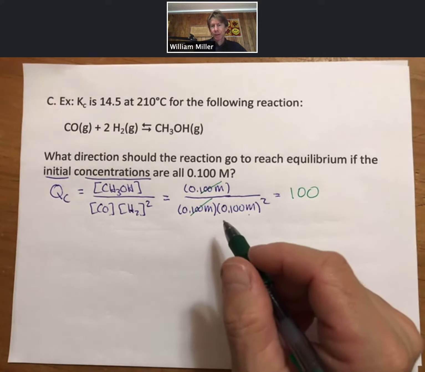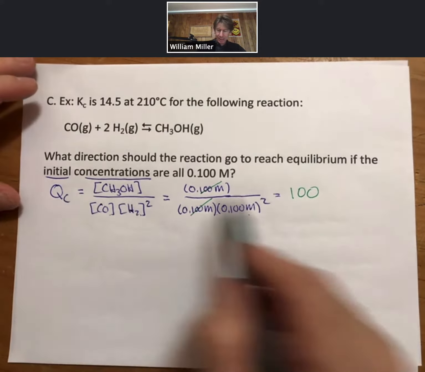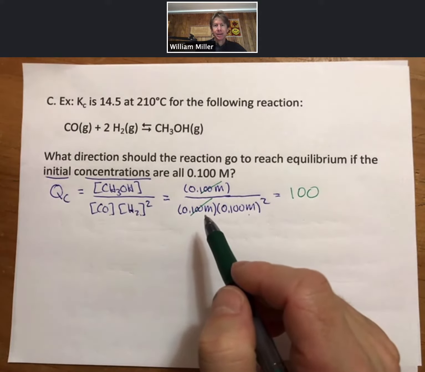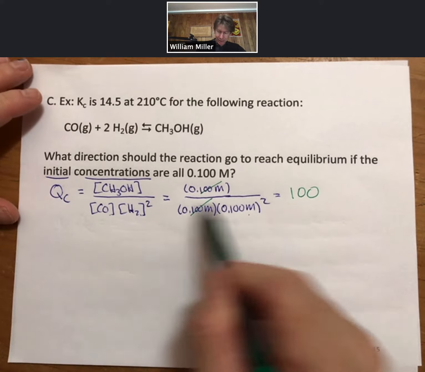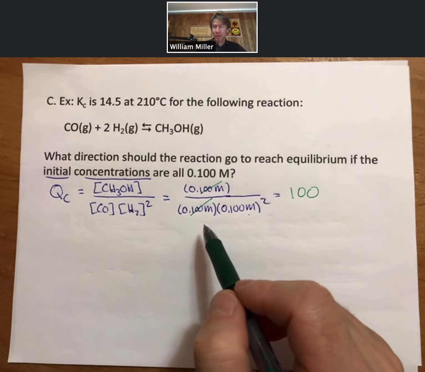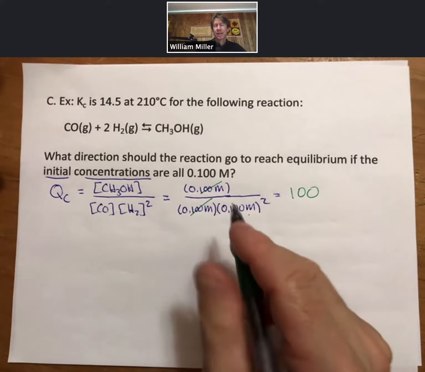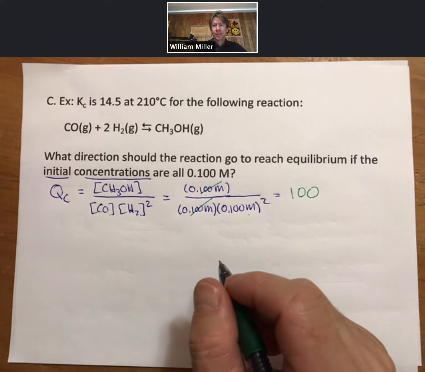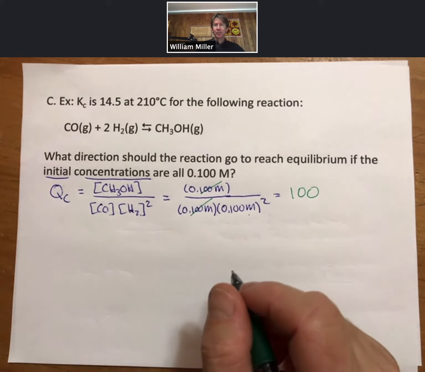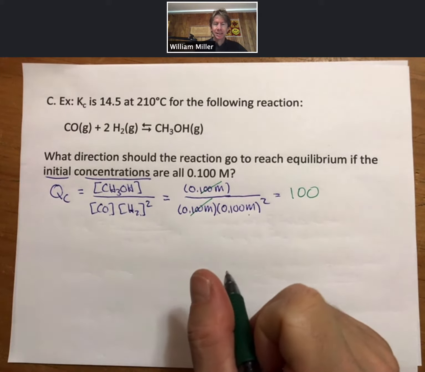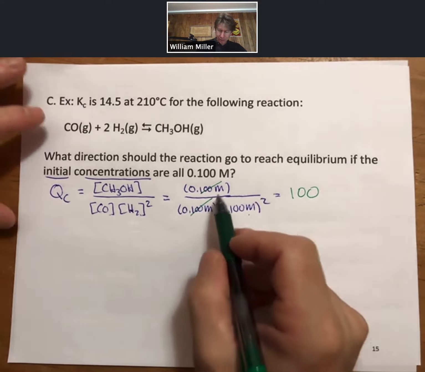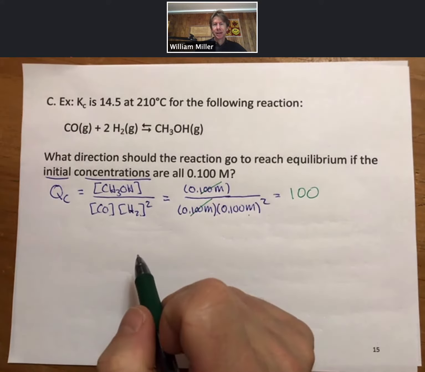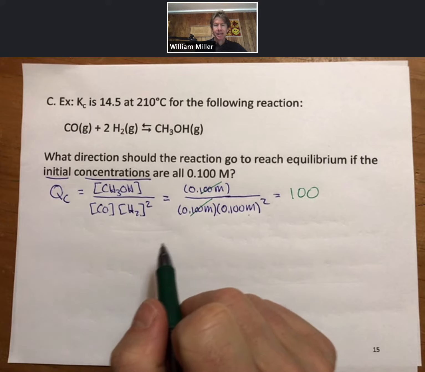And just a word about units. QCs and KCs, we never treat them as if they have units. And it's clear that QC in this expression does have units. All I will say about that is that in a more advanced treatment of the material that we're doing, more advanced than is possible in this course, there's another factor for each of these terms that does cancel the units out.